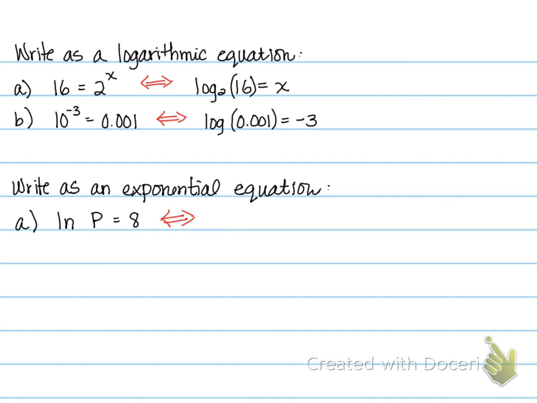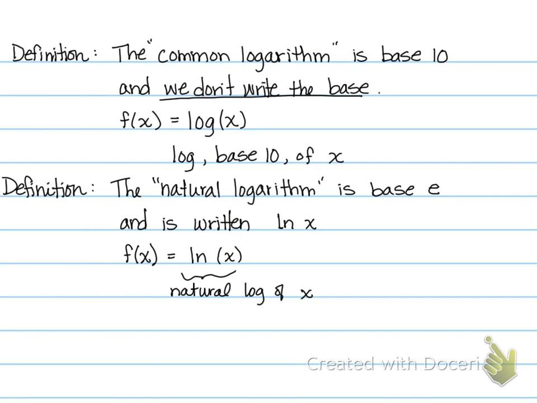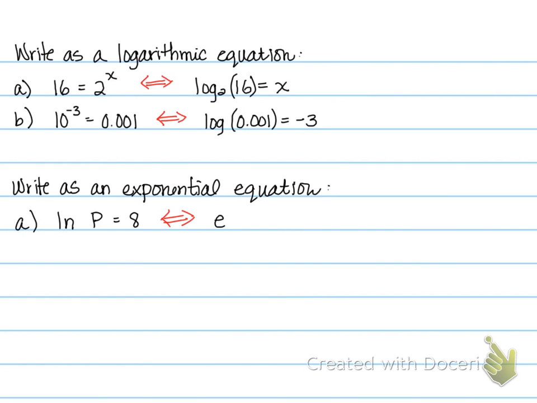So what's the base of my exponential expression going to be? So the natural log is base e. Right? And that's just from the definition of the natural log. And then remember that the logarithm is equal to the exponent, so I'm going to write e to the 8. And then there's only one place left for the p to go.